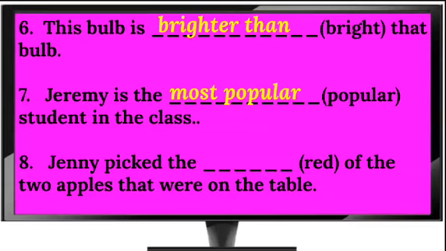So with two apples, we have that word red. And here we have a one syllable word with our one vowel and our one final consonant. So here we have redder. Jenny picked the redder of the two apples that were on the table.